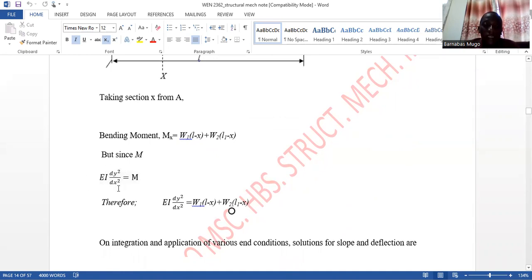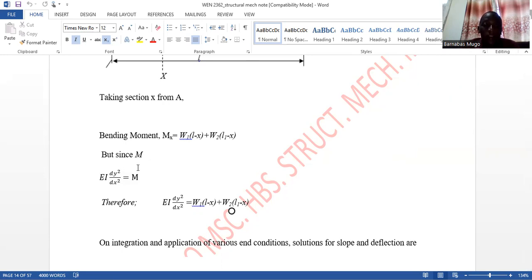We have just said that this is the general equation for the bending. And therefore, we are utilizing this general equation, and our M at X is going to be replaced by EI d squared y over dx squared.